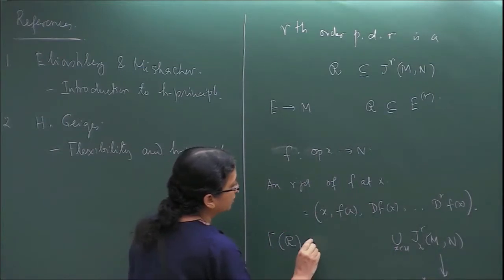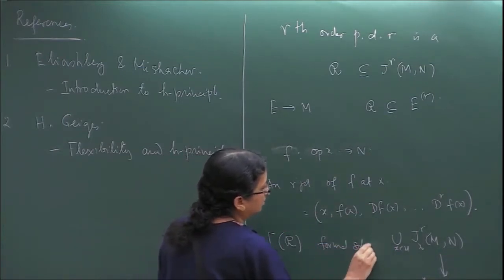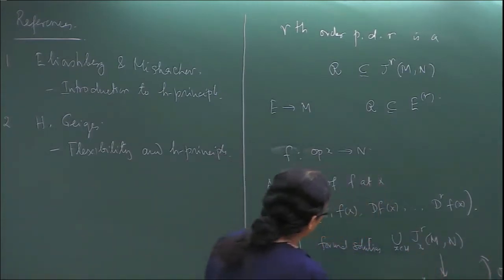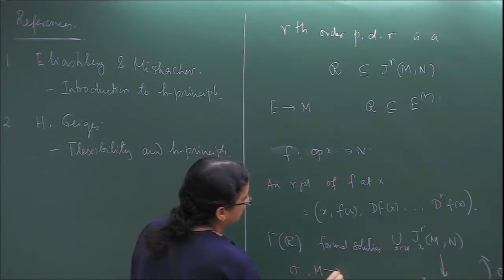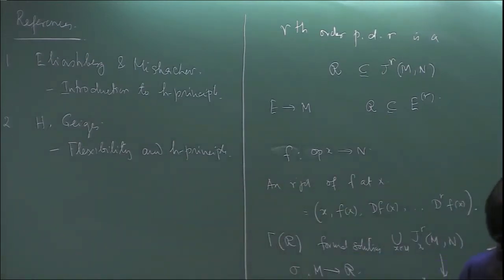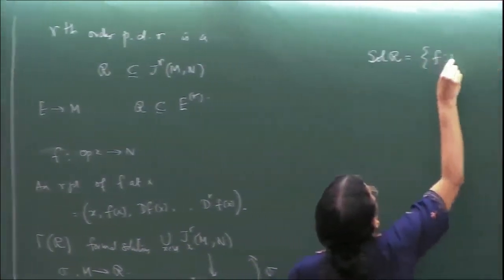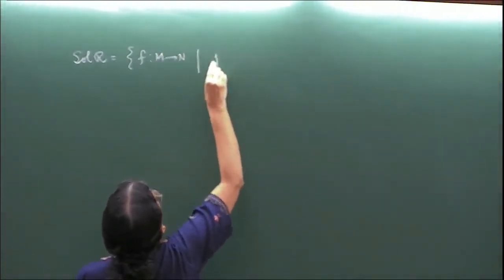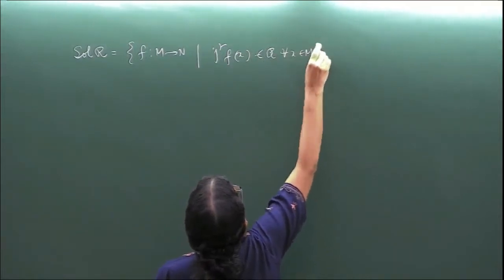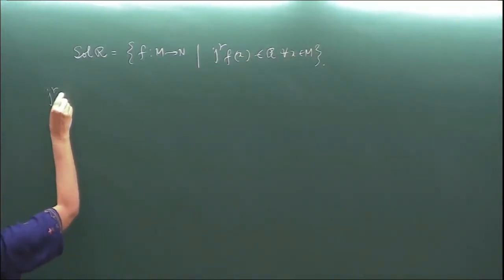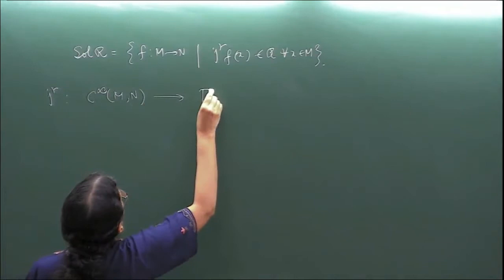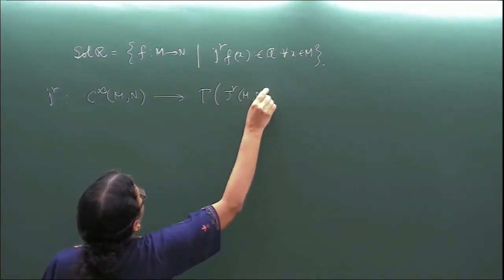So this is the space of formal solutions, meaning that there will be sections whose images will go inside R. So sigma has its image inside R. And the solution space is the space of maps from M to N such that, if you look at the jet map that we defined, this is the section space of the jet bundle.